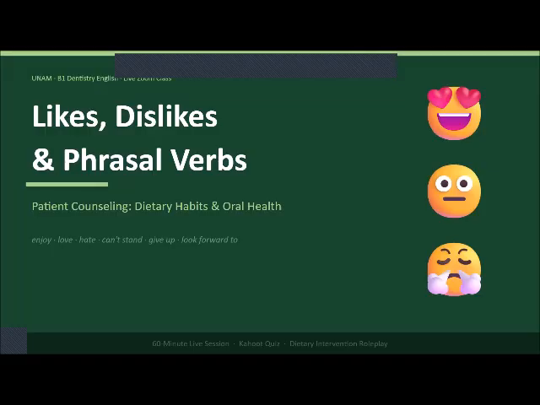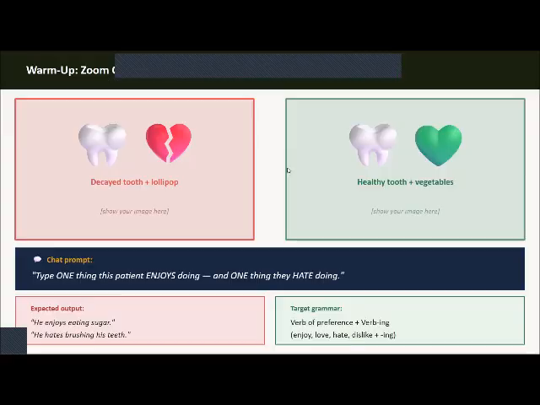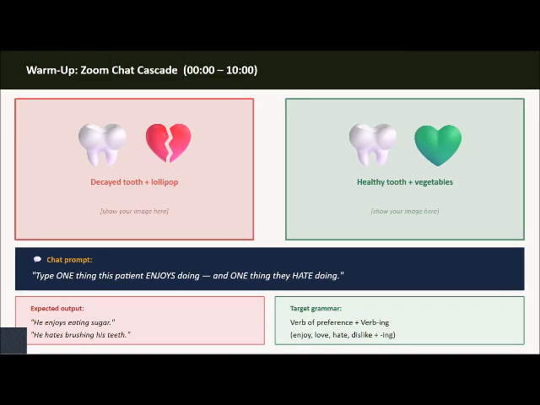Now, to get started, let's look at the easy part. As you saw in your units, there are lots of verbs we can use to talk about likes and dislikes. If you think of your health in terms of your dental health, there are lots of things that we do every day that might result in either good dental health or bad dental health.